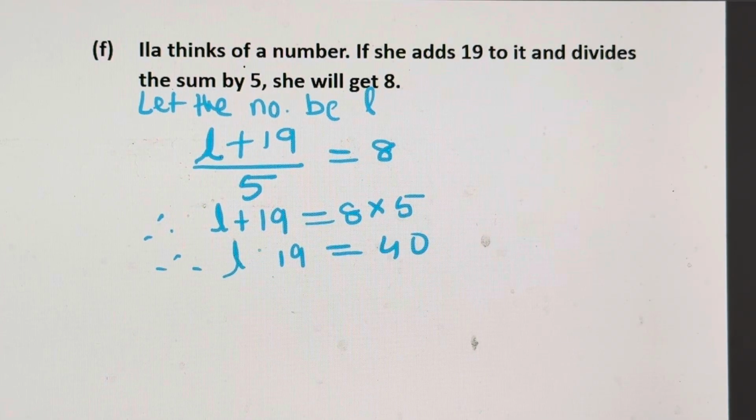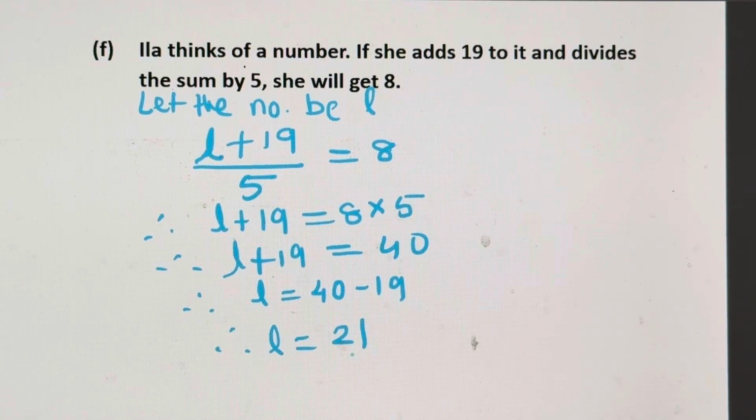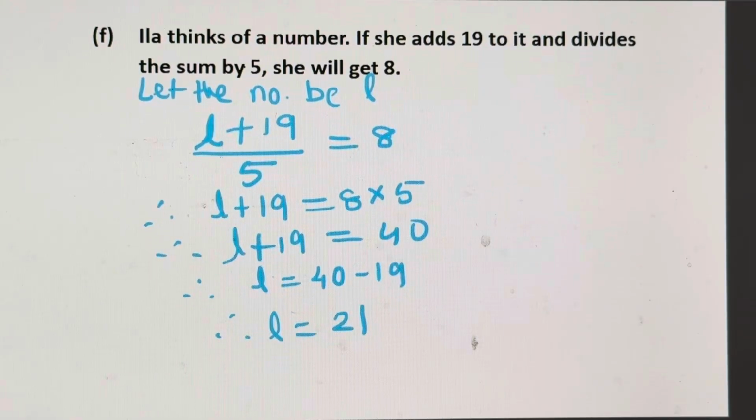L plus 19 is equal to 40. Therefore, L is equal to 40 minus 19. Plus 19, when it is transposed, becomes minus 19. And the answer is 21. So the number which Ela thought was 21.